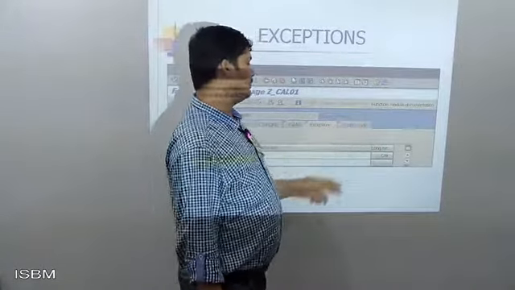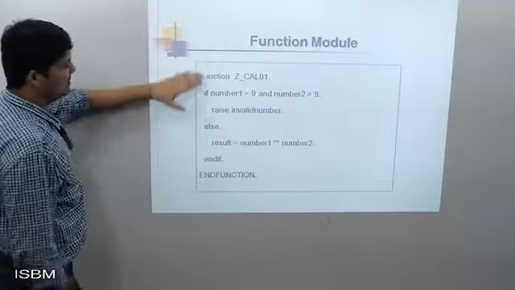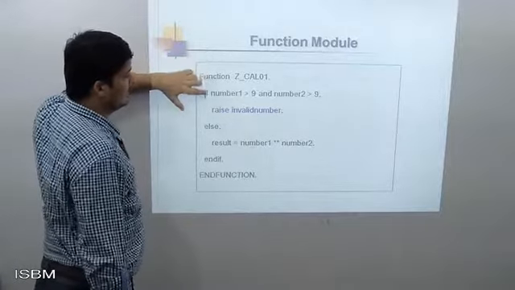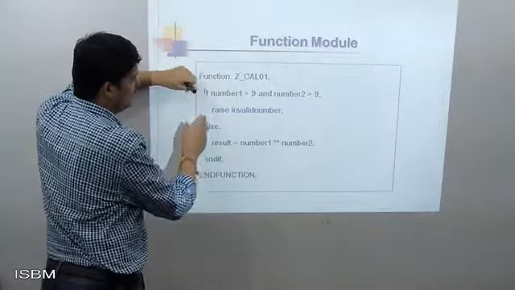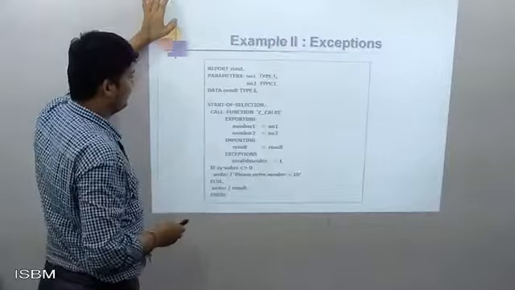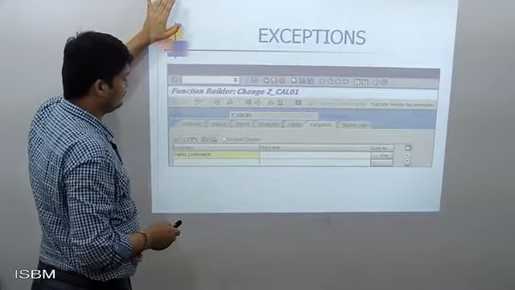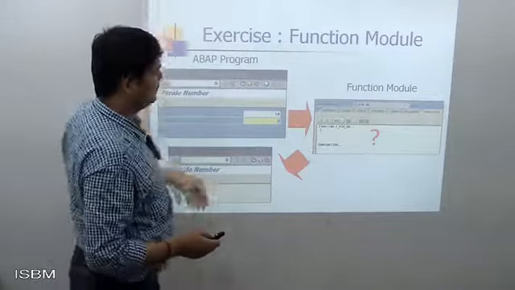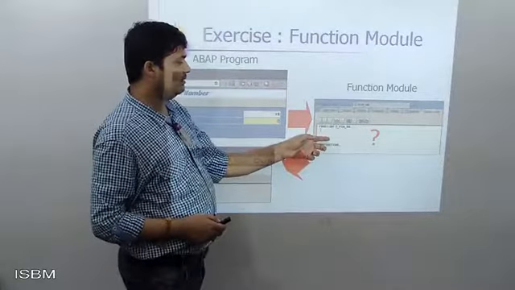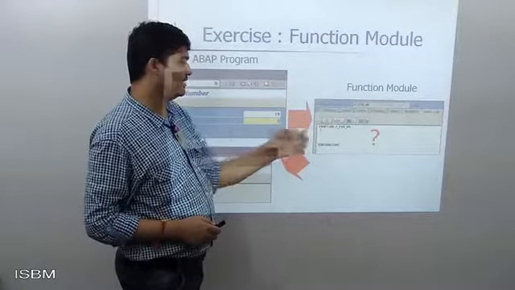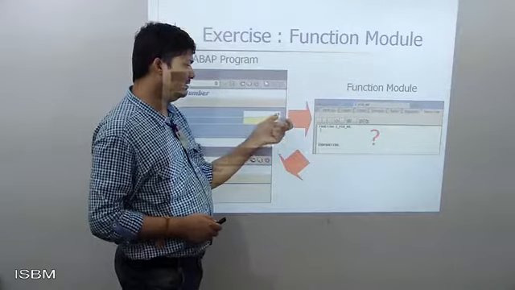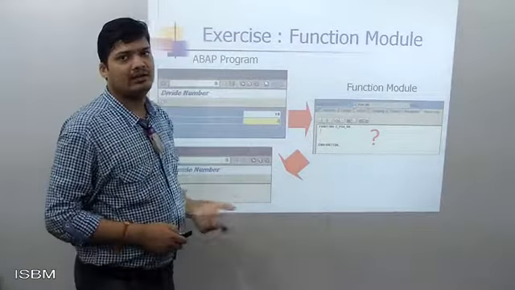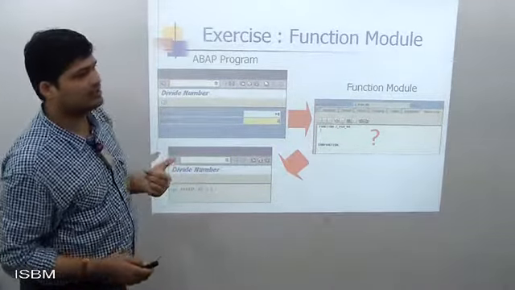In the source code, if you are going to write this logic, if the number is greater than 9, suppose I have taken here 10 and 10. Basically, if you multiply 10 and 10, it shows 100.